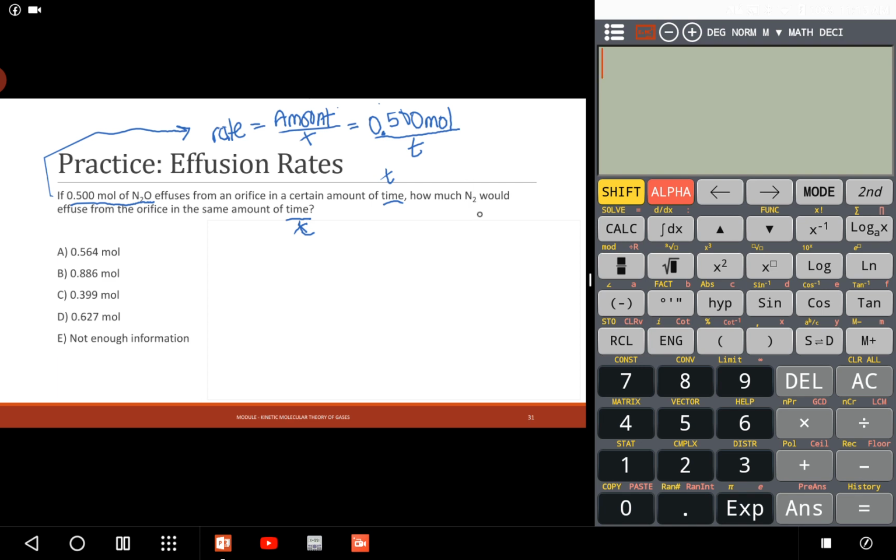So N2 is lighter than N2O because both contain two nitrogens, but this one also contains an oxygen. And so N2O is heavier, and this one is lighter molar mass. And since this is a lighter molar mass, more of it will effuse.